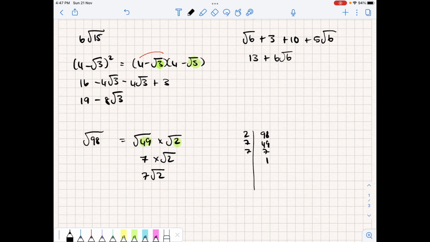So we could have seen, when we are taking the root of a number, we can pull out pairs of numbers, and then we would leave anything that was remaining. So this would have been expressed as 2 times 7 squared, and remember we were taking the square root of that.